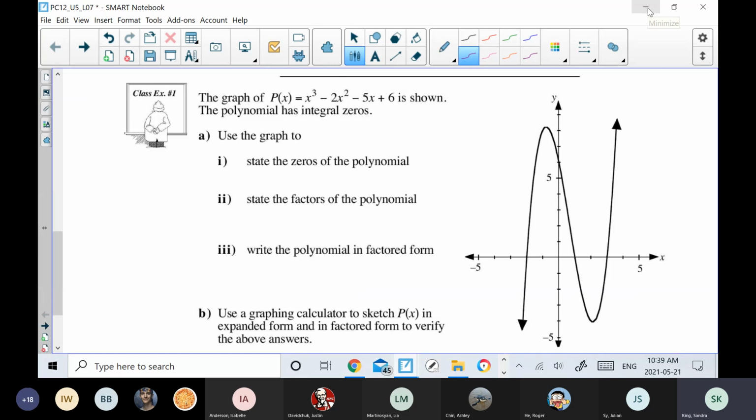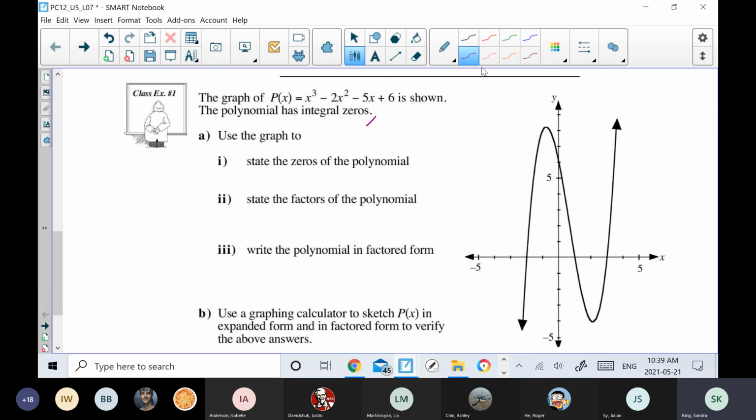This whole lesson is a calculator lesson. So what it says for this one is the zeros, oh, they actually graphed it for us, so we don't even need to graph this one. But it says the graph of P of x is shown. So again, 3rd degree polynomial could have up to 3 x-intercepts. This guy does.